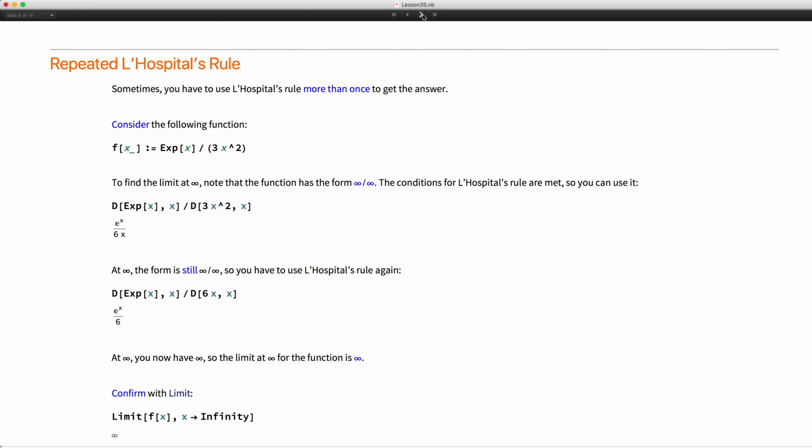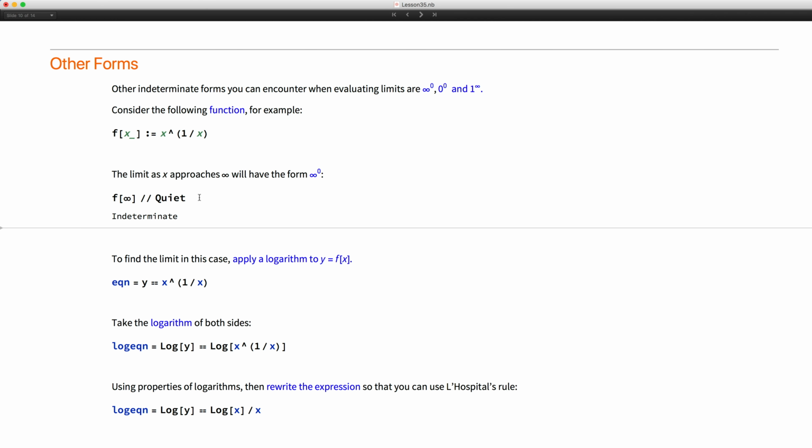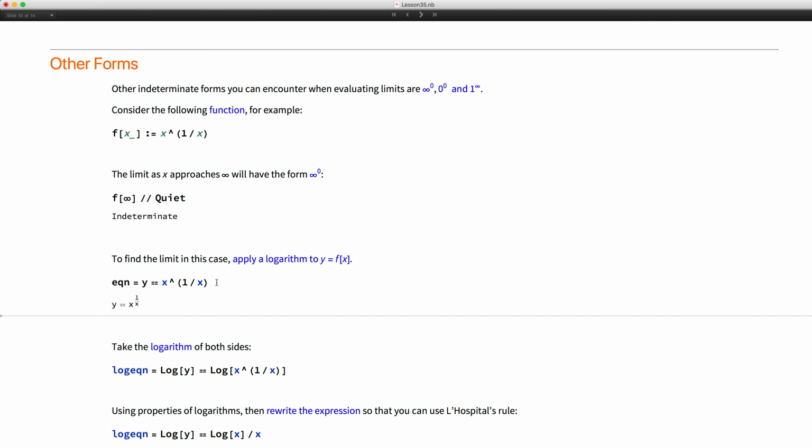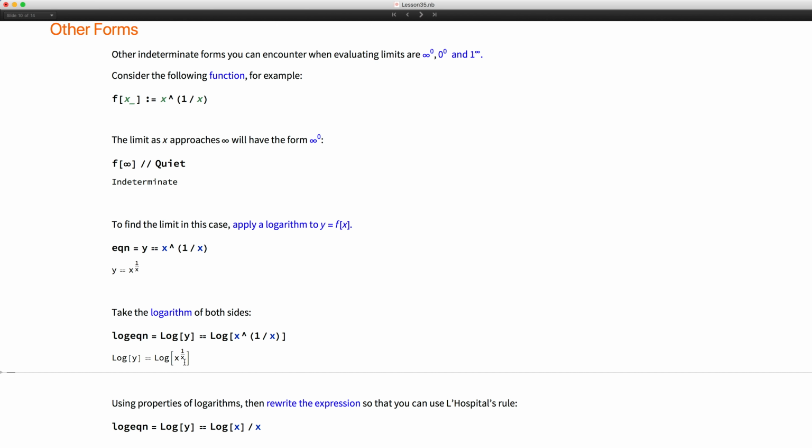Okay, now some more indeterminate forms. So we have infinity raised to 0 to begin with. Here's an example. So let's say you have x raised to 1 over x. So if x goes to infinity, you get infinity raised to 0. So that's an indeterminacy. But what you do in this case is you apply a logarithm. And when you do that, you get back something which is going to be much more practical, because the law of logarithm says this is log x over x.